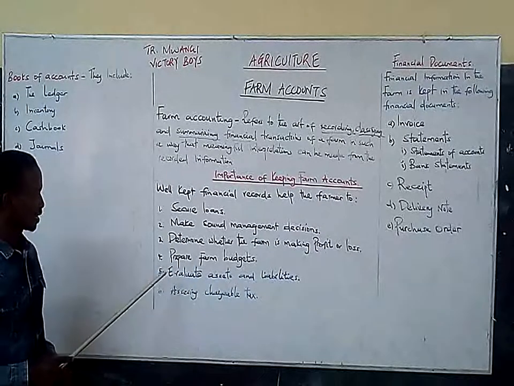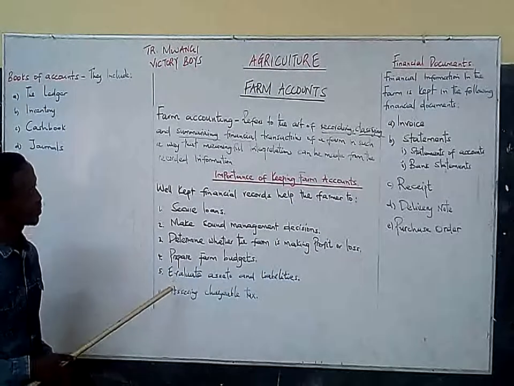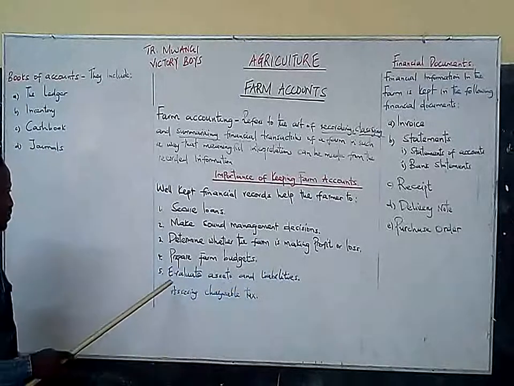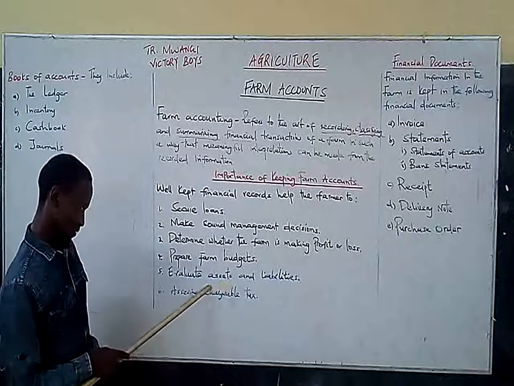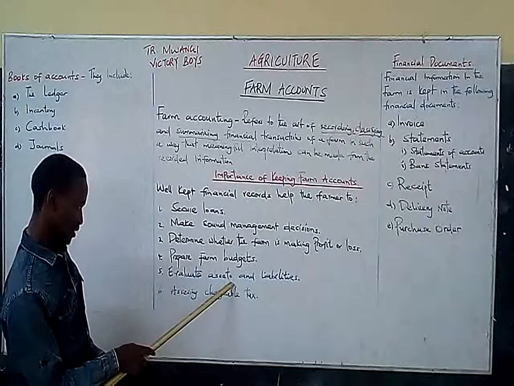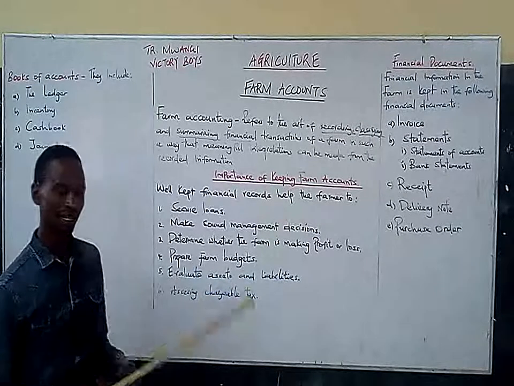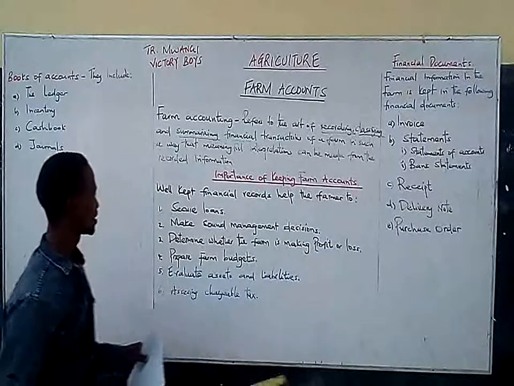Then another importance, number five, of keeping farm accounts: it helps to evaluate assets and liabilities. Assets are all those things which are owned by the farmer in the farm, which include things like the tractor, farm structures, farm buildings, and so on.